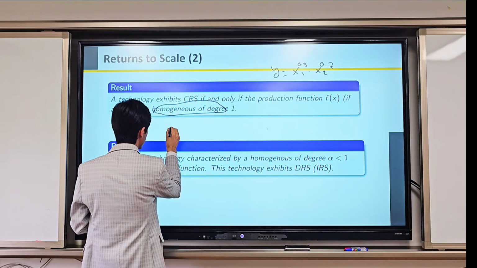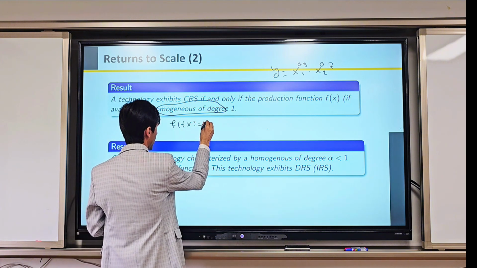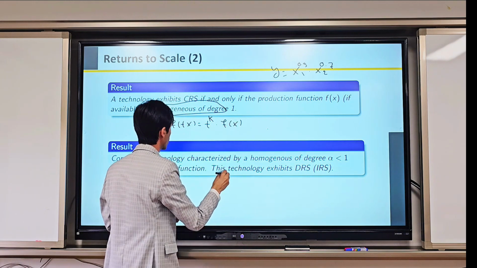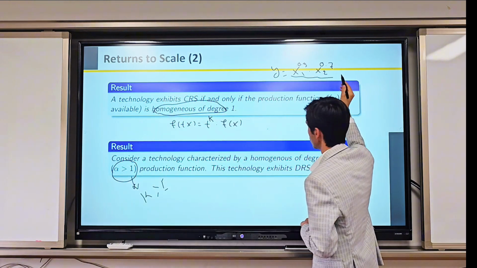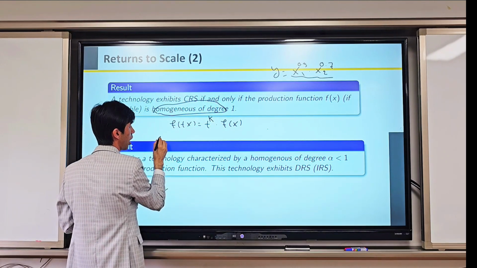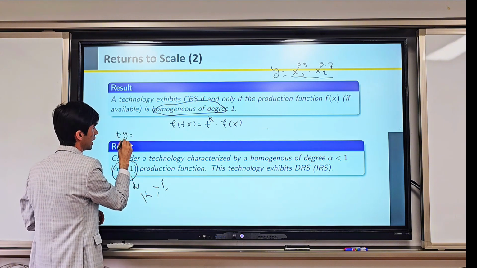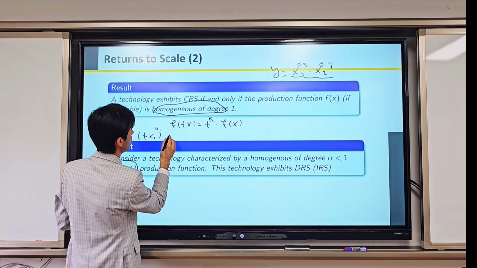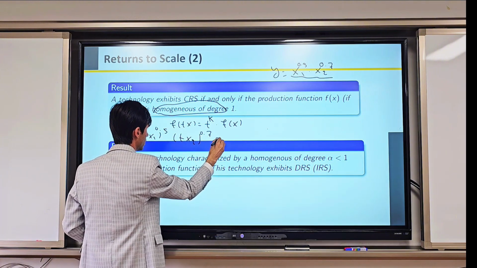Then we can say that its return to scale is constant, increasing, or decreasing. For this case, as we already said, f of tx is equal to t to the power of k multiplied by f of x. So here, f of tx is equal to (tx1) to the power of 0.5 multiplied by (tx2) to the power of 0.7.